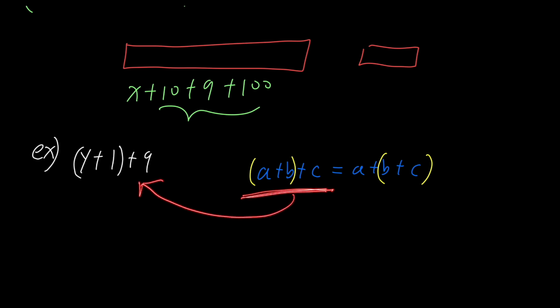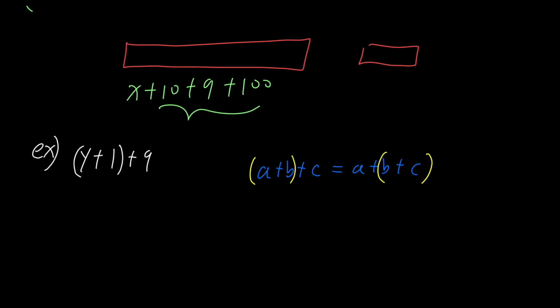Yes. And that's why I want to write the general form, because a, b, and c are variables. The definition of variables means we can use variables to represent any quantity. Quantity means numbers or variables. So this represents this, and because this is the associative property, I can rewrite it as this, right?